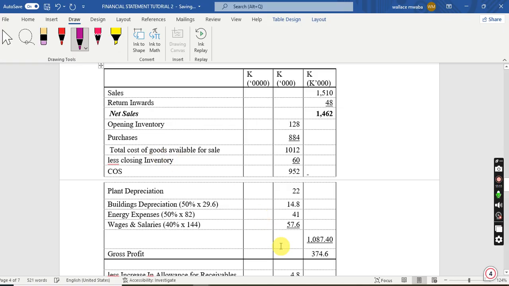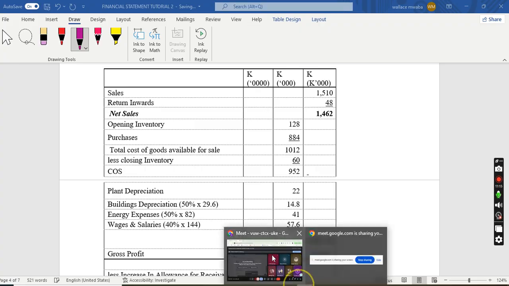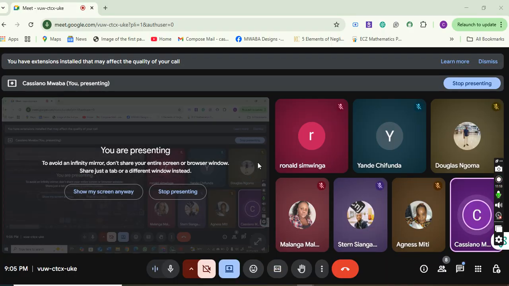Now, colleagues, you want the cost of the goods that were sold. So the way you get that: first, you get the total cost of the goods available for sale, the value of all the goods that you had throughout the year. Then you subtract the closing inventory, the goods that you remain with at the end of the year.